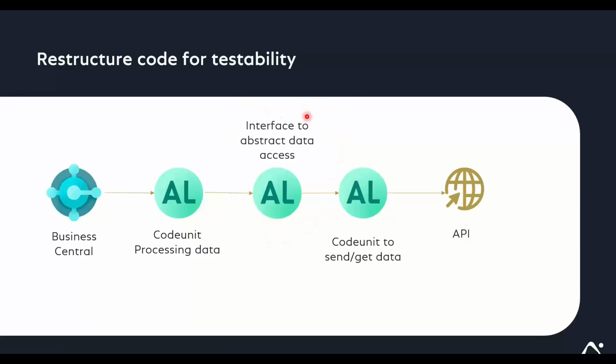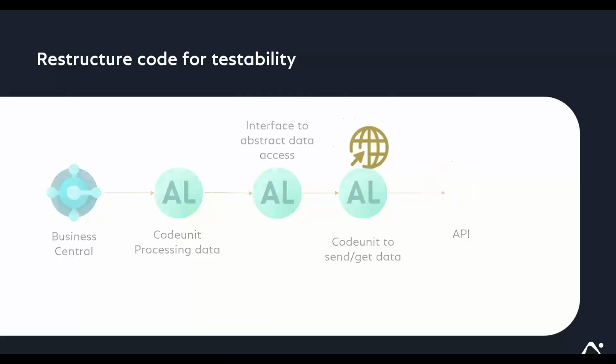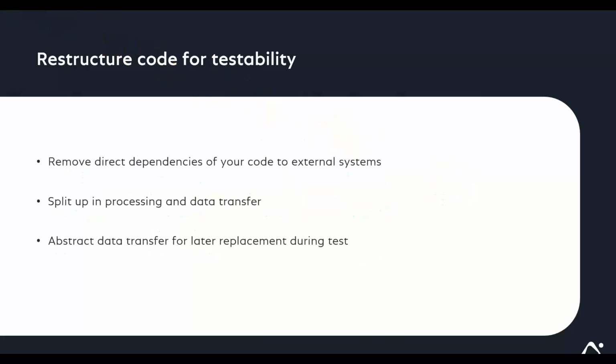So our processing code unit is only connected to the interface, and the interface is getting the data. So for our live scenario, we remove the direct dependency of our code to the external system. And as I already said, we split it up a little bit and abstract everything.